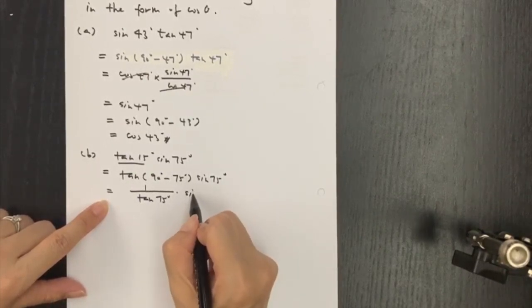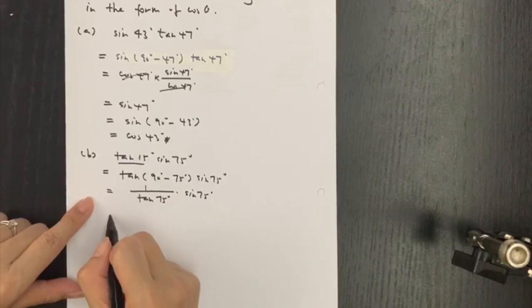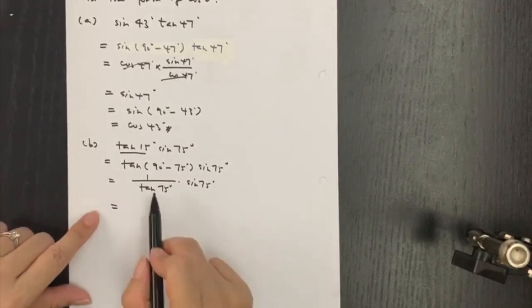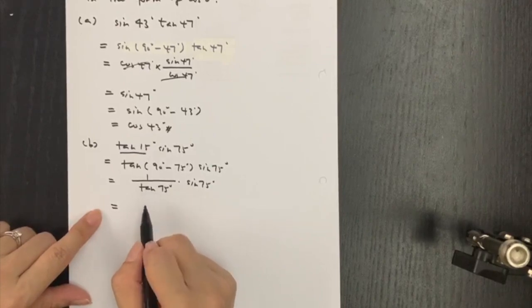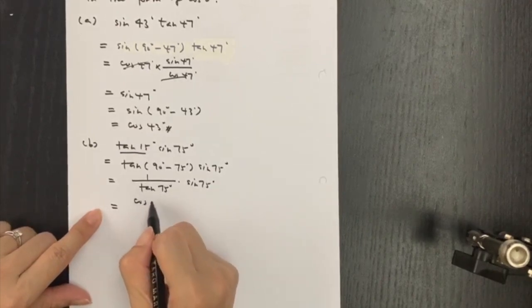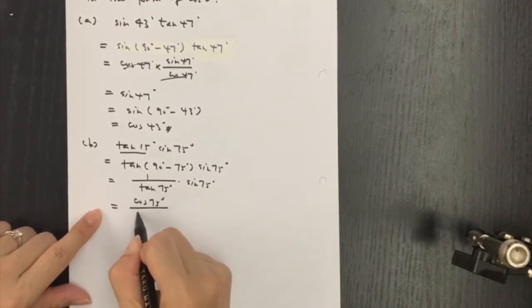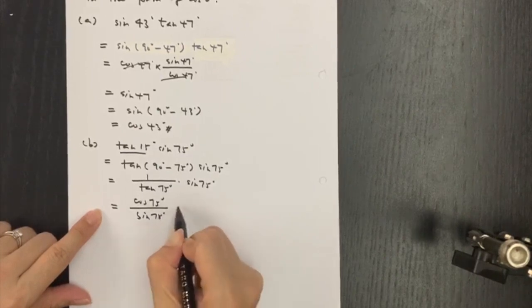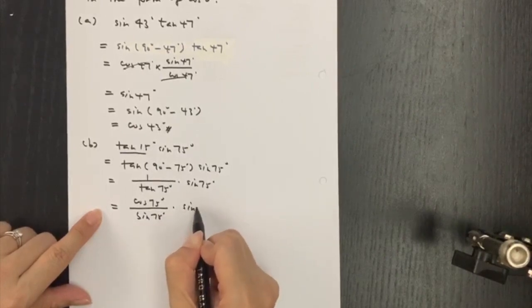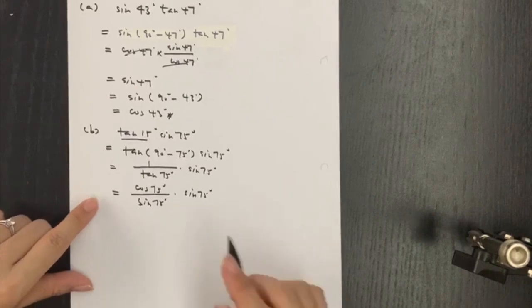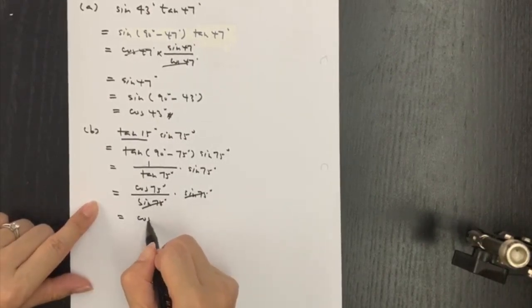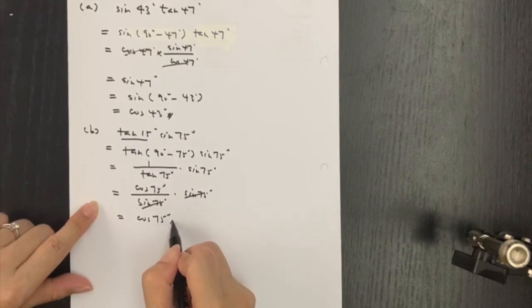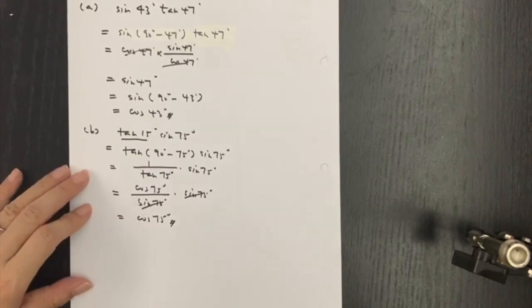And then I have sine 75. So therefore for this 1 over tangent 75, I need to flip over sine theta over cosine theta into this. Cosine 75 over sine 75 and then times sine 75. Okay, and this sine 75 cancel out so that I can get my final answer as cosine 75.